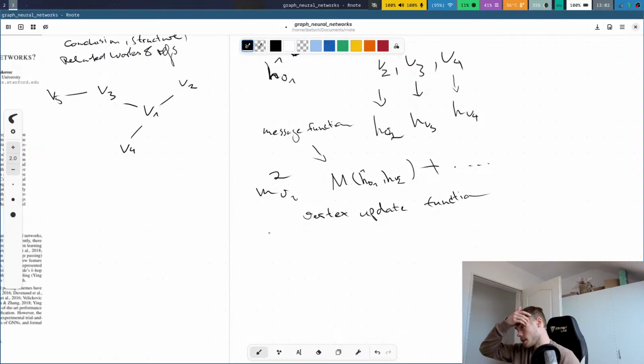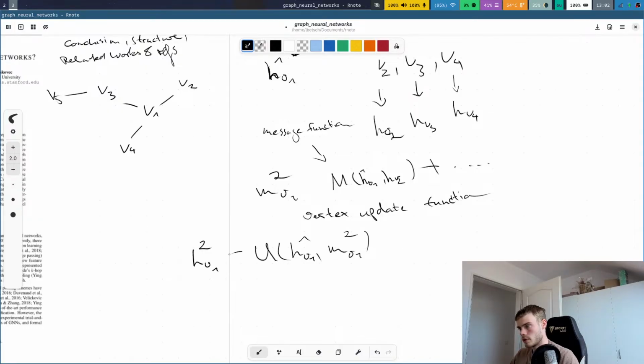The vertex update function takes the message, MV1, and the current state of the node. They call it U, and they use that to update the state of V1 for the next time step. And they do that for all of the nodes, and then they do this T times.